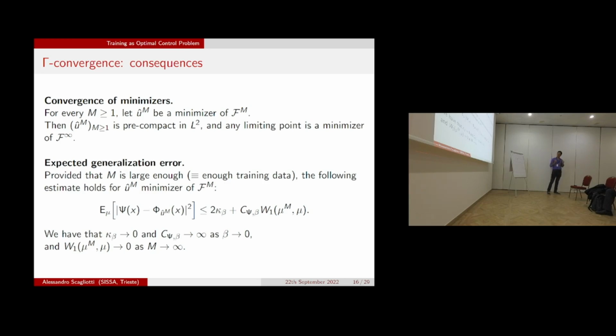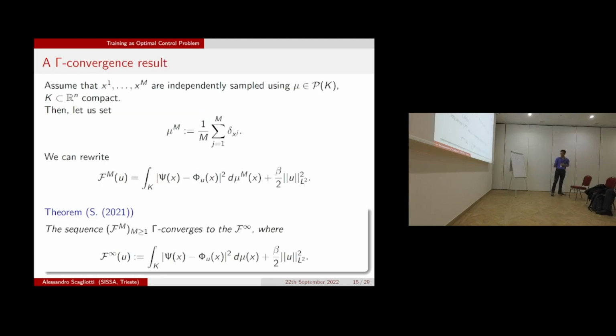By the fundamental theorem of gamma convergence, the minimum values are converging. The minimum value of this functional is converging as m goes to infinity to the minimum value of this one.